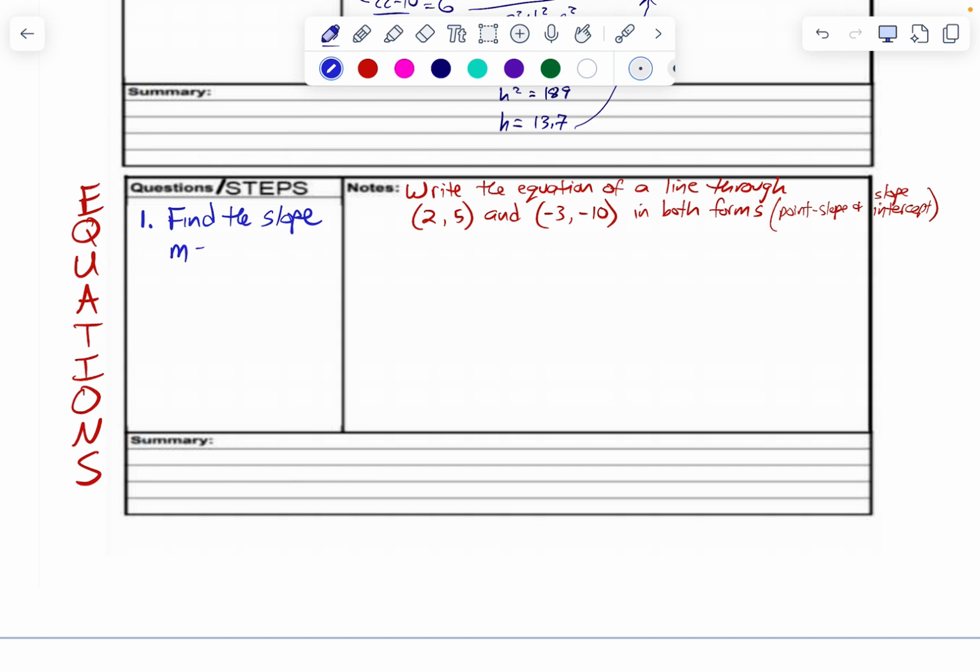And for that, remember it's y2 minus y1 over x2 minus x1. Basically, all we're doing is seeing how much y changed and how much x changed. So we go do that. M equals, before I do that, it's sometimes helpful for students to label the points with the x's and the y's so that you don't get mixed up when you plug in. Here's what I mean. Label this x1, y1, and x2, y2. Because then when you go to plug it in, it's super straightforward.